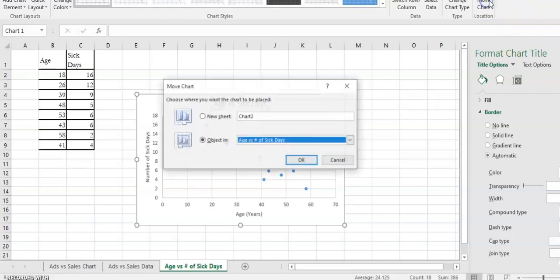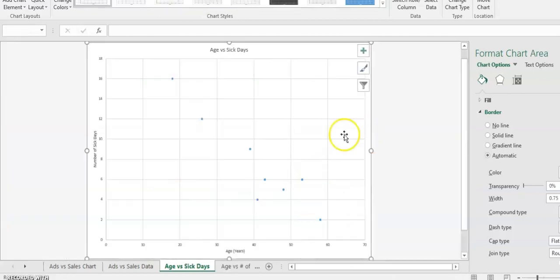And I'm going to move my chart. It creates its own chart in its own page. Now looking at this, you can see that the trend tends to be that it's going down to the right. So we should expect our R value to be negative.